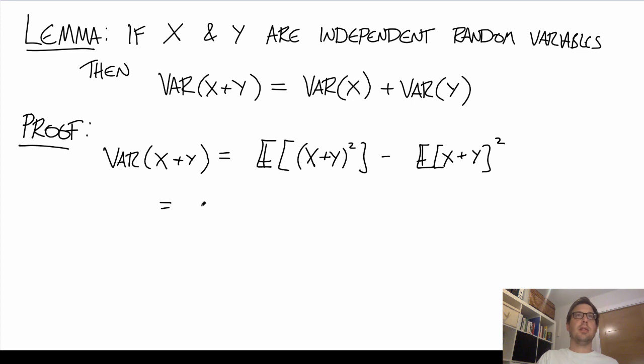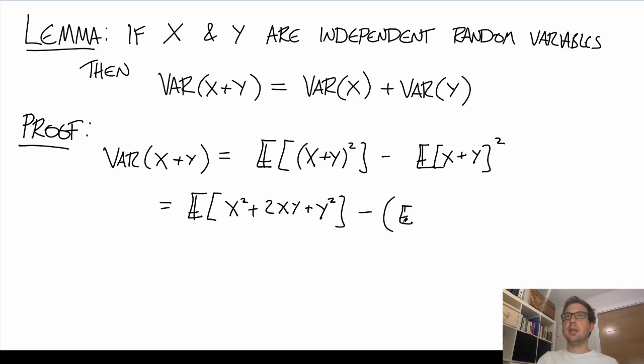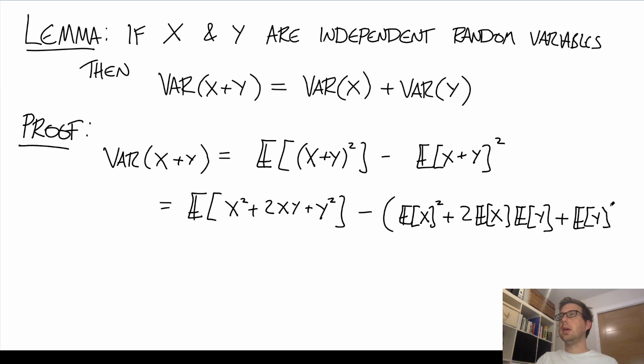The first one gives the expected value of x squared plus 2 lots of the expected value of x times y plus y squared. From the second I get the expected value of x, squared, plus 2 lots of the expected value of x times the expected value of y, added to the expected value of y squared.